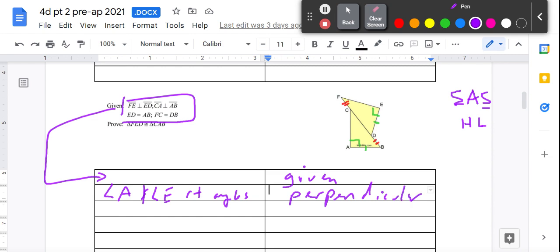So whenever they tell us perpendicular, then we know that A and E are going to be right angles. Okay, and now, since they're right angles, angle A is congruent to angle E, by the right angle theorem there. We really don't even need that because it's a right triangle, but we'll just make sure that we have that just in case we may be needing it.